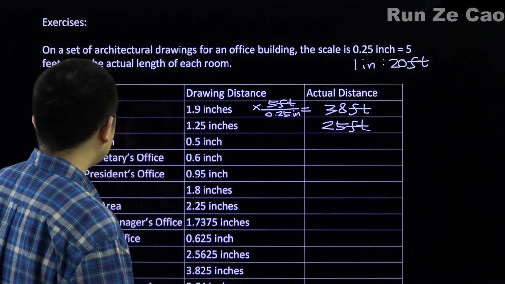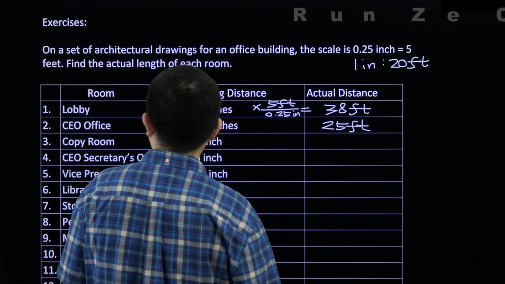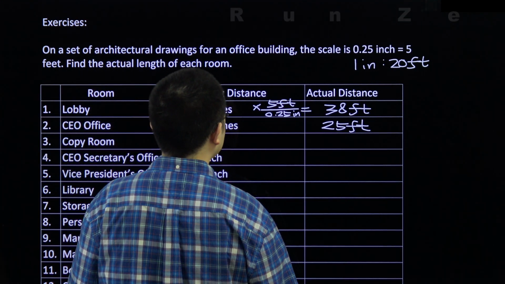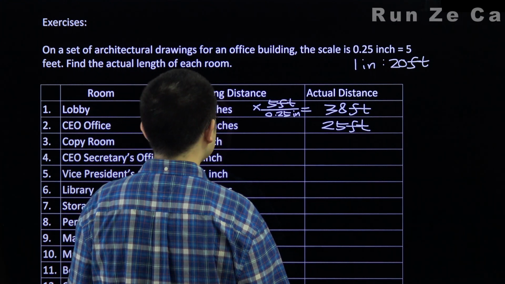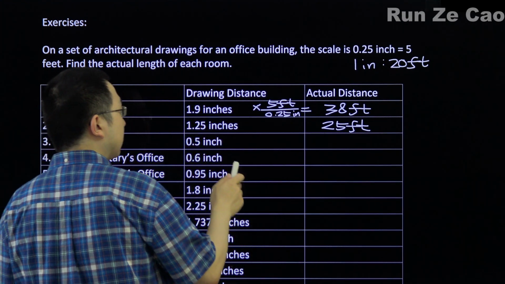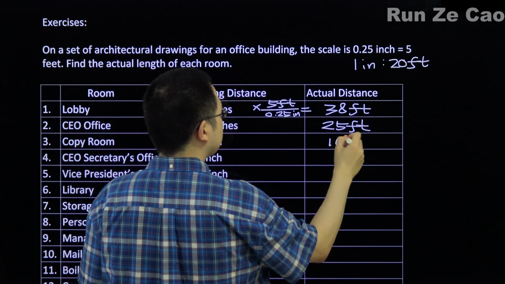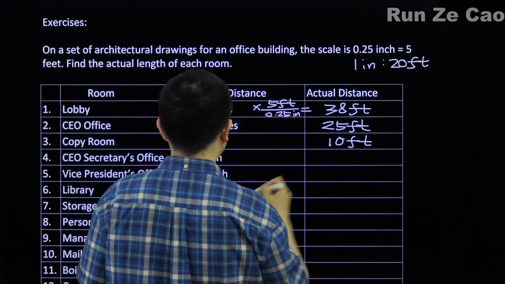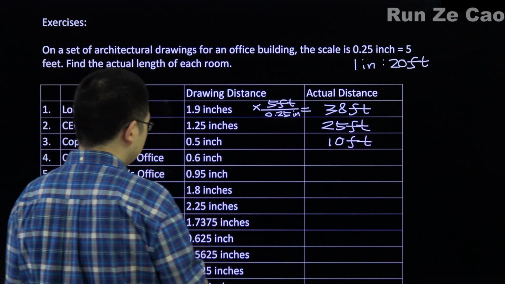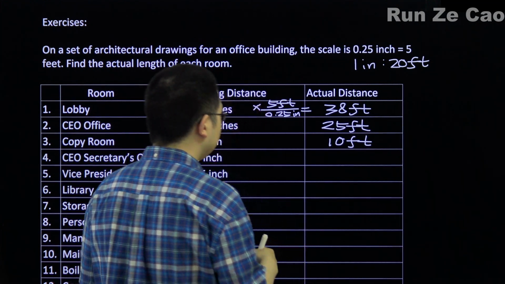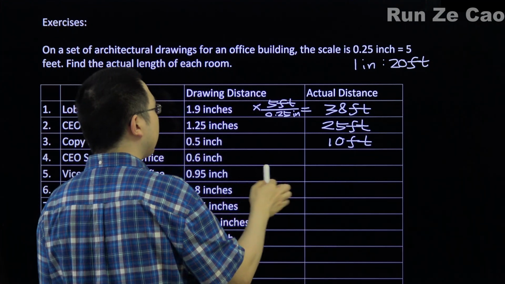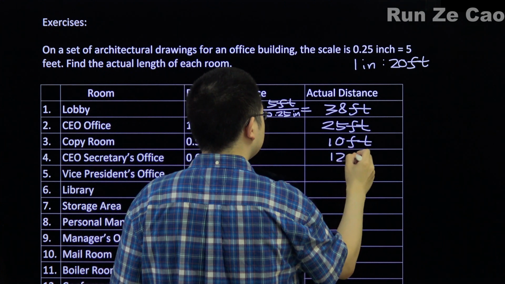For the CEO's office, the copy room is at 20 feet per inch. At half an inch would be 10 feet. 0.6 inches for the CEO's secretary's office is going to be, multiplied by 20, 12 feet.